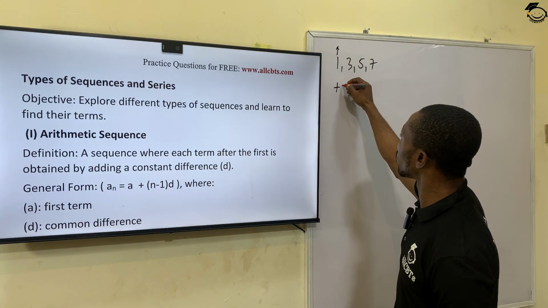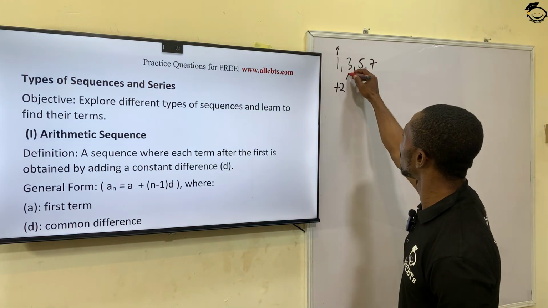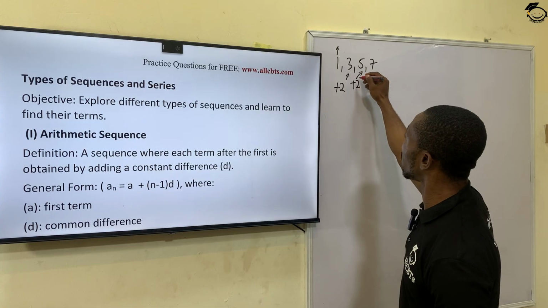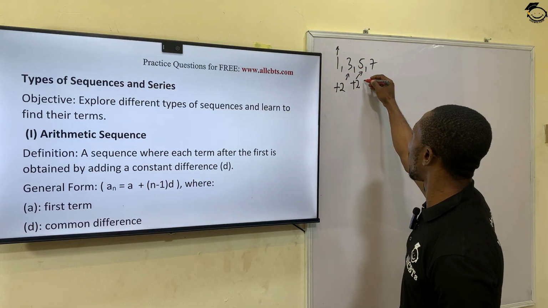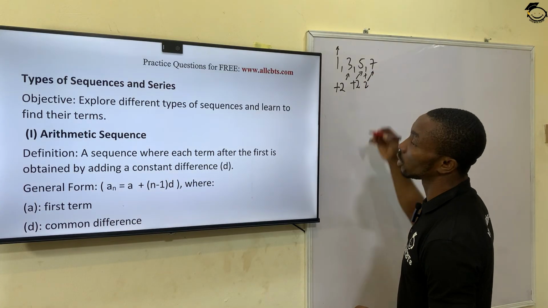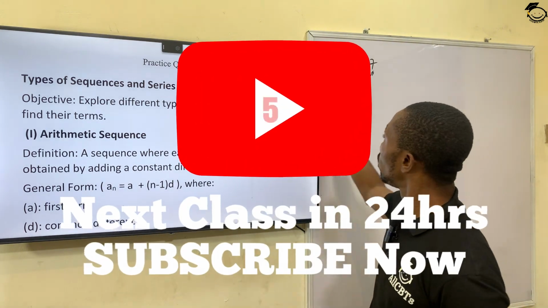If we add plus 2 to 1, we get the next term, which is 3. If we add plus 2 to 3, we get 5. If we add plus 2 to 5, we get 7. So the constant difference being added here would be 2.